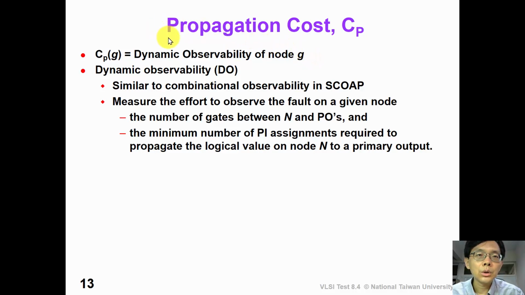Now we need also to evaluate the propagation cost, CP. CP of G is the dynamic observability of node G. Dynamic observability, DO, is very similar to combinational observability. It measures the effort to observe a value on a given node.